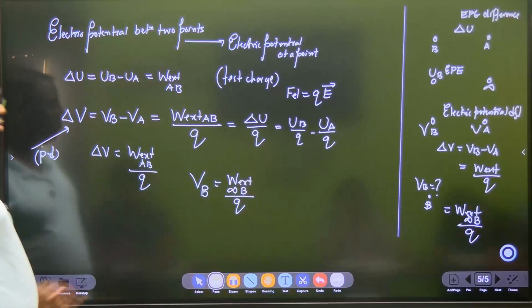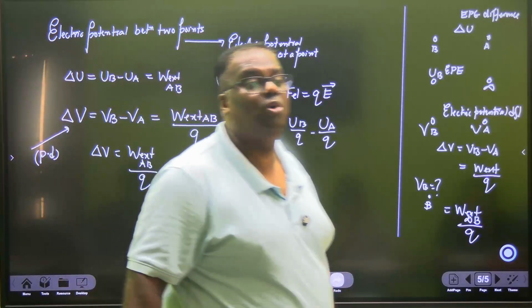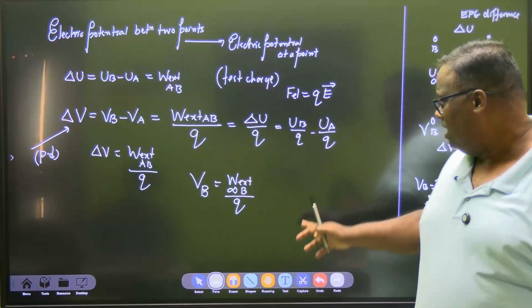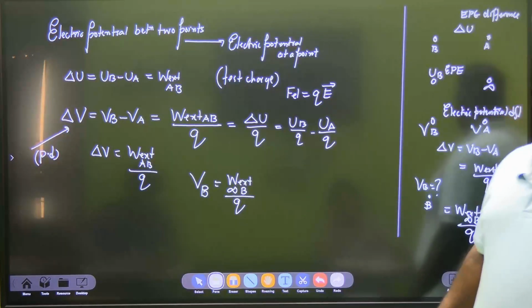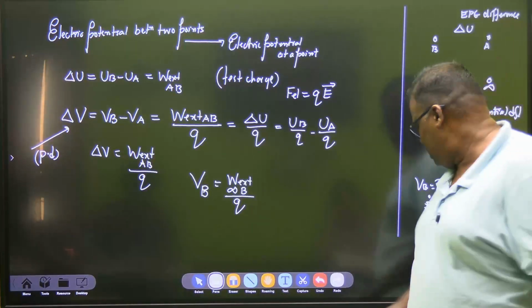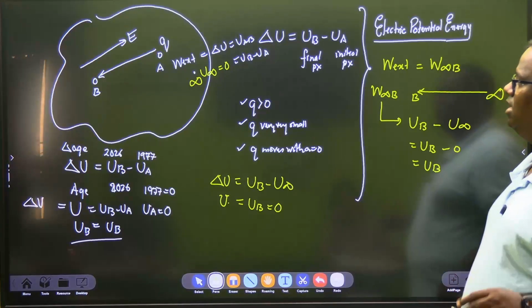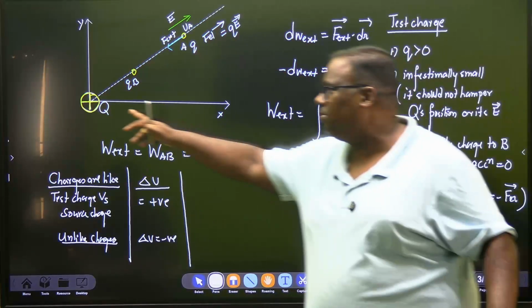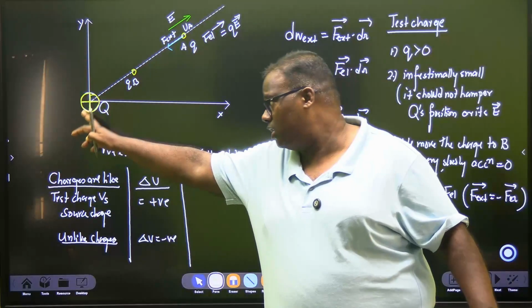Here in books they will use unit positive charge. Sometimes they say unit positive. It doesn't matter to me. It means you can take Q as 1 coulomb also. Because, see, try to understand. Initially, to make the whole scenario nice, we kept a test charge, not a source charge.